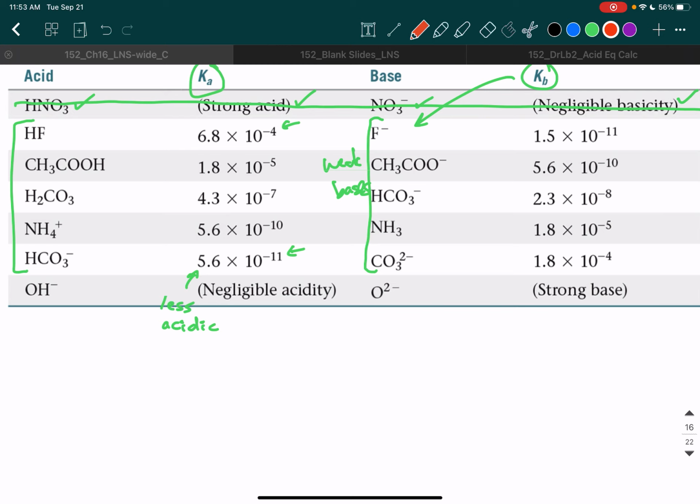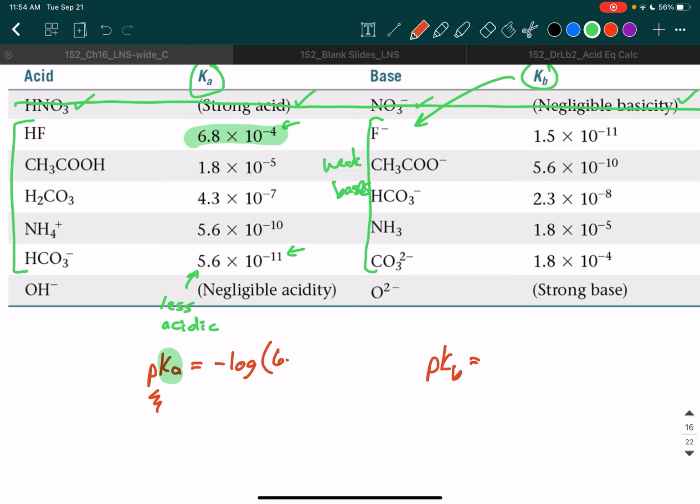I want to focus on pKa and pKb in red. If you see the little lowercase p, that means you just took the negative log of something. In this case, I'm going to take the negative log of the Ka value. I'm going to do hydrofluoric acid as an example.